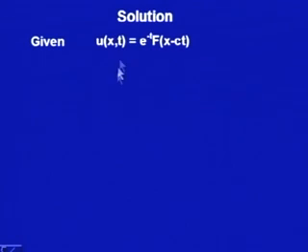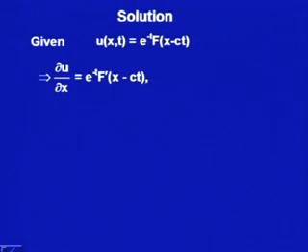Let us try to see. We have been given the function as e to the power minus t f of x minus c t. We require the derivative with respect to x and with respect to t. So, first find the derivative of this with respect to x and t, where the dash denotes the derivative with respect to x minus c t. So, del u over del x would be e to the power minus t times f dash of x minus c t, because the derivative of x minus c t with respect to x is 1.